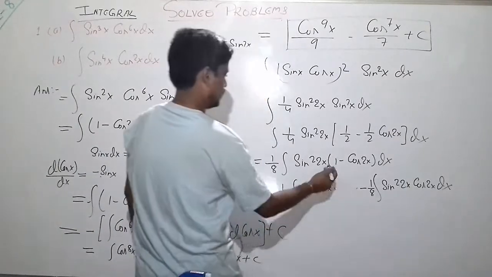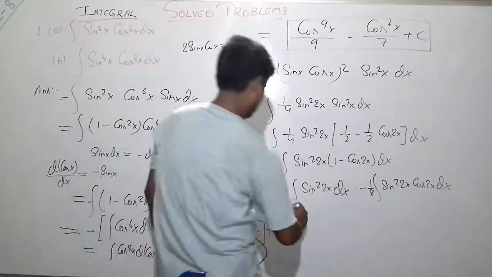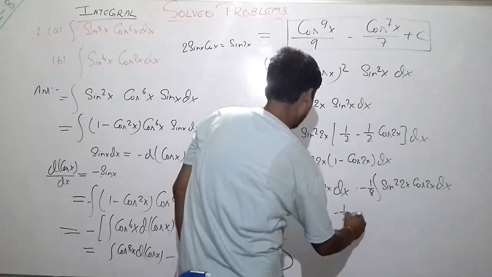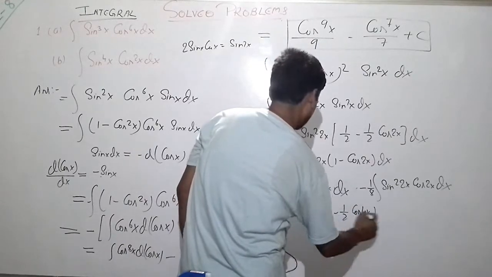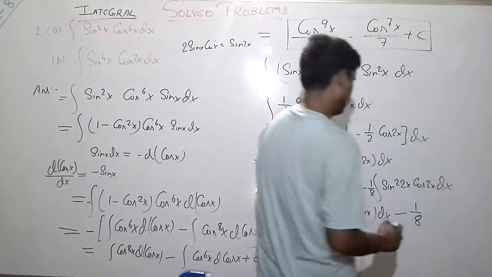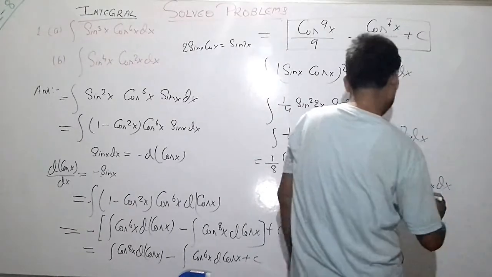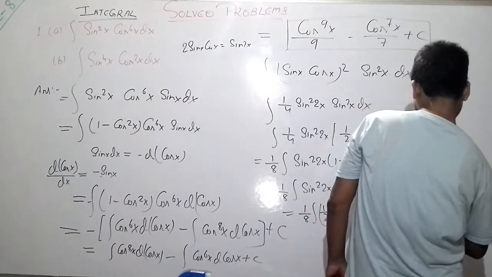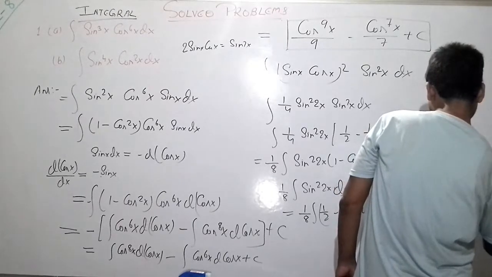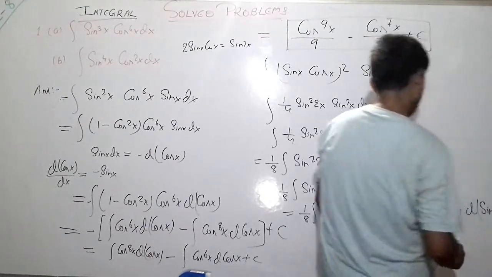Then we can write sin square 2x as half minus half cos 4x, so 1 by 8 times that dx, and minus 1 by 8 sin square 2x cos 2x dx, where we write cos 2x dx as d sin 2x.